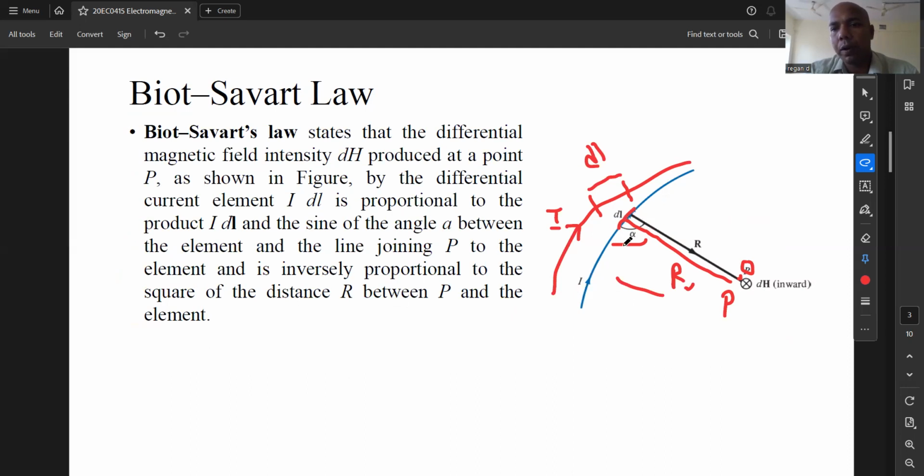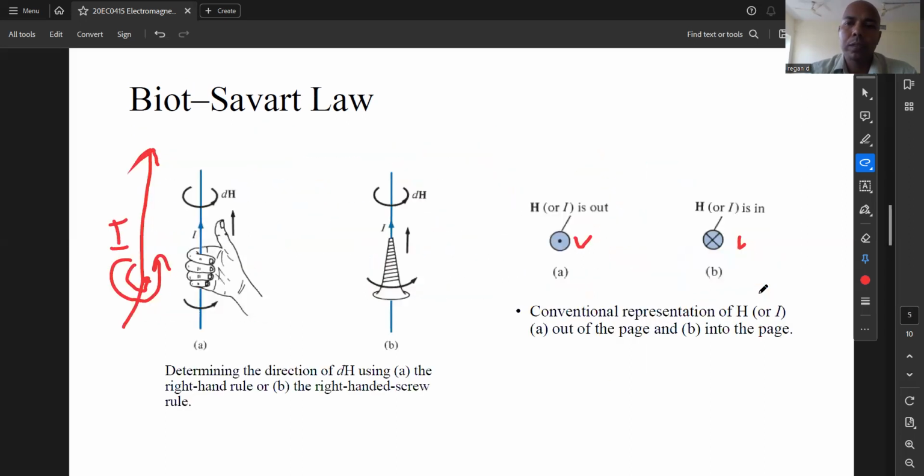The angle is alpha. If so, the magnetic field direction is noted by the cross. Then what is the meaning of these two symbols, dot and cross? The dot represents that the magnetic field is outward, and the cross represents that the magnetic field is inward.